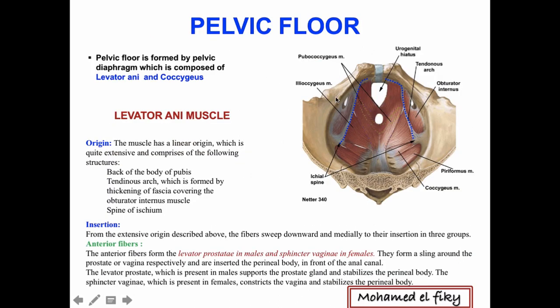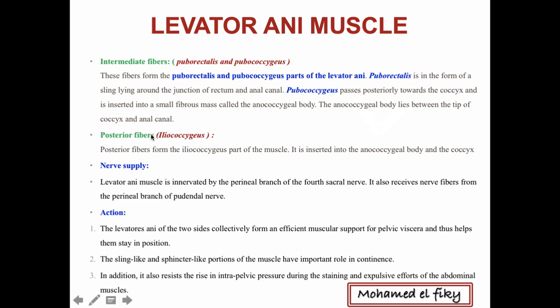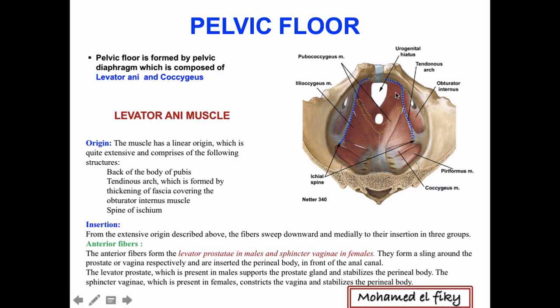Why? Because these fibers surround the beginning of the anal canal and the termination of the rectum. The posterior fibers are called iliococcygeus. These are the three parts of the levator ani. Again, the anterior part here, the intermediate part here, and the posterior part here.